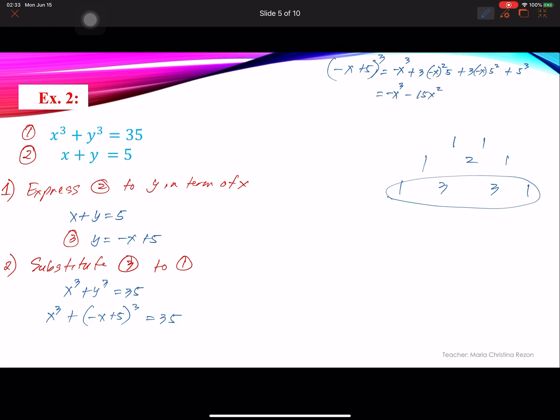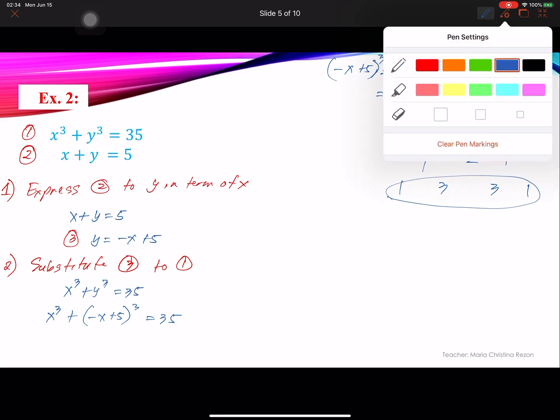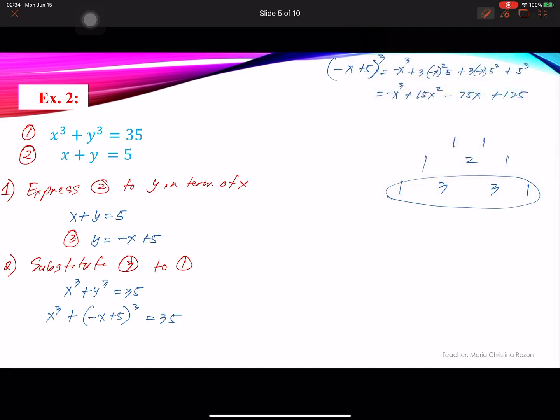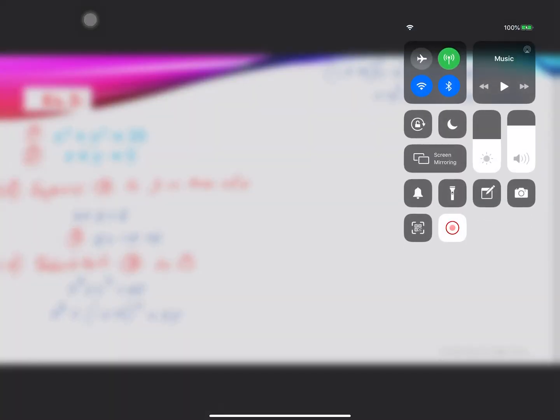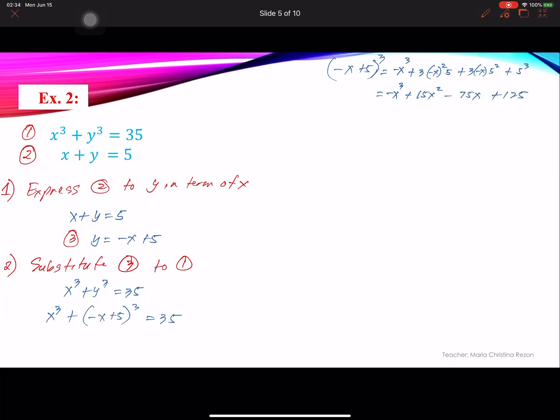Okay, so you simplify that, you will have negative x cubed minus 15x squared, or that is plus because this is positive, minus 75x plus 125. So this is now the expansion of your binomial negative x plus 5. And we will just have to use that here in our expansion.